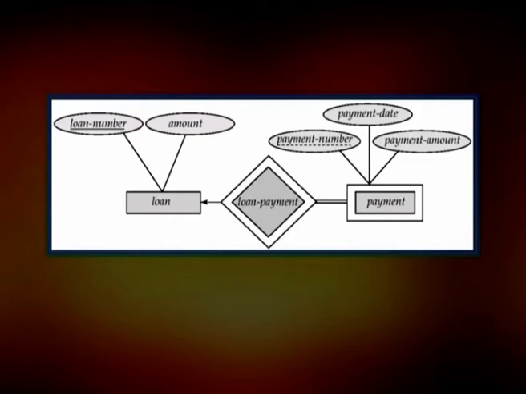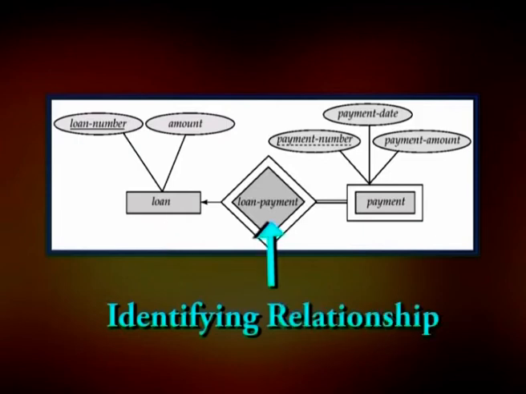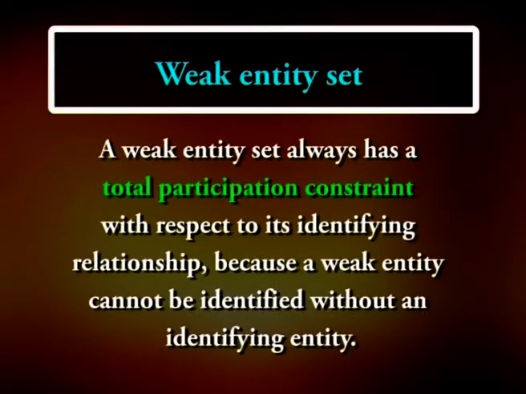We call this other entity set the identifying entity set, and we call the relationship type that relates a weak entity set to its identifying entity set the identifying relationship of the weak entity set. Thus, in the diagram, the loan is the identifying entity set and loan payment is the identifying relationship.